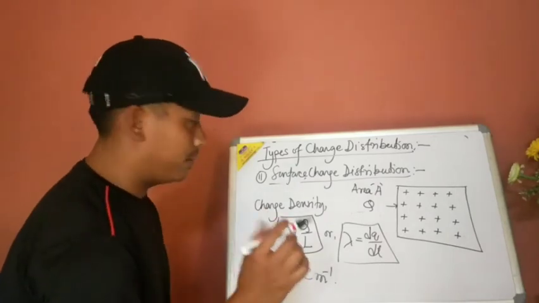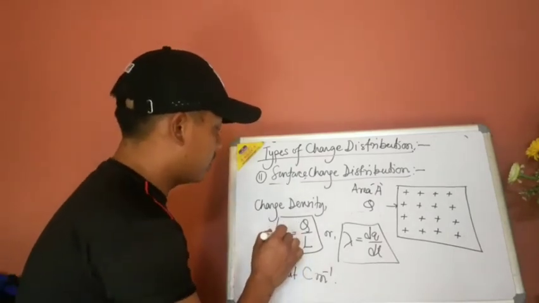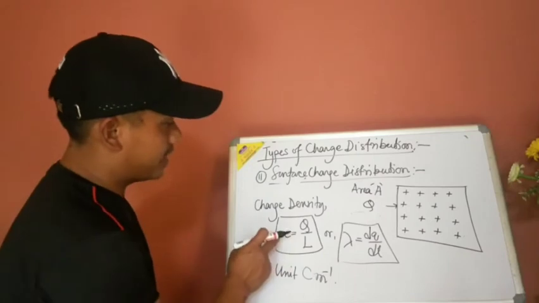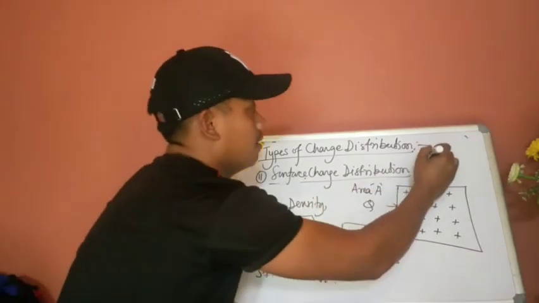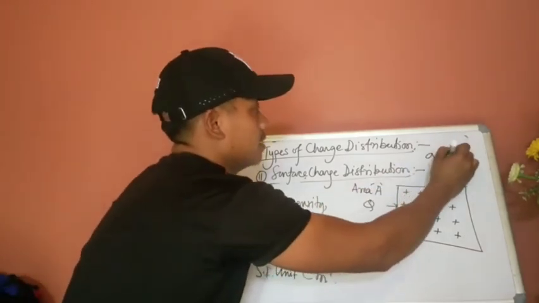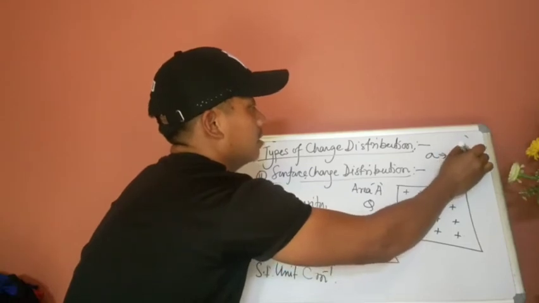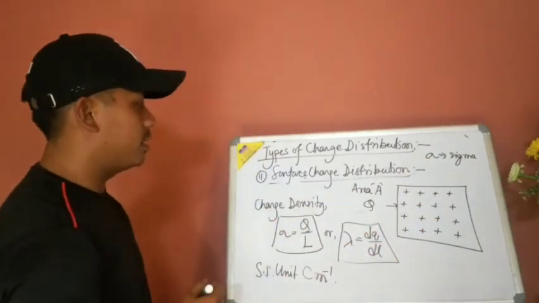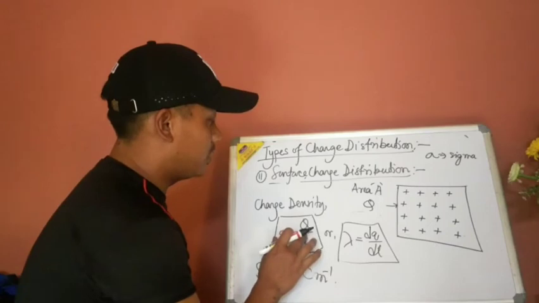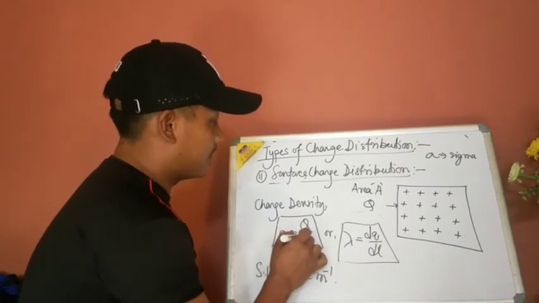Charge density will be denoted by this symbol sigma. This S-like symbol is known as sigma. It will be equal to total charge by area.